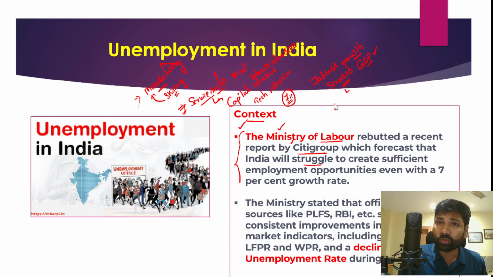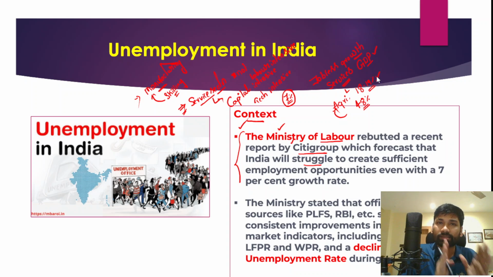However, the agriculture sector contributes around 18 to 19% of India's GDP, but it has been employing around 48% of India's workforce, right? So in the agriculture sector, the workforce is concentrated more than what is required, and that is the problem.